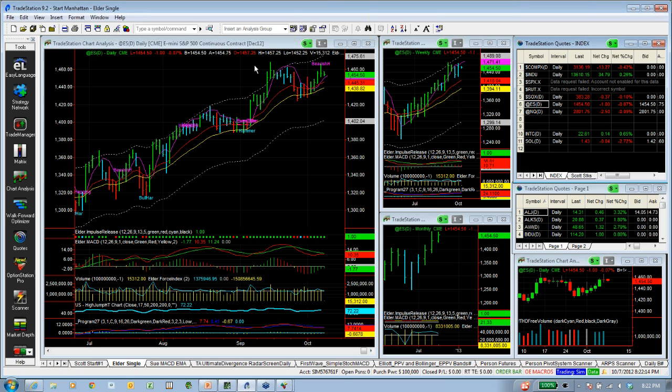But you can see in the S&P 500 futures, ESD, the dailies, that despite the fact I had some potentially negative things to say about what this market would do, we continue to run up in a trend. And this is the daily. You notice Elder has painted it green, which means you can buy or be long. The weekly, which is blue, and the monthly, which is green, are all still pointing up.